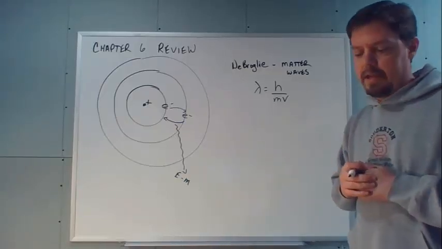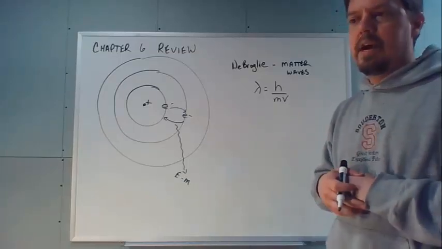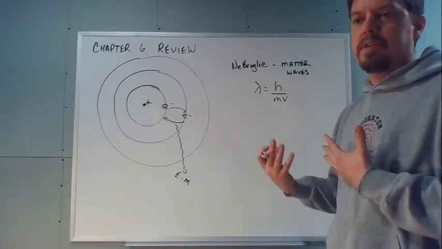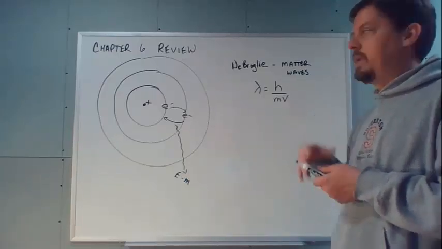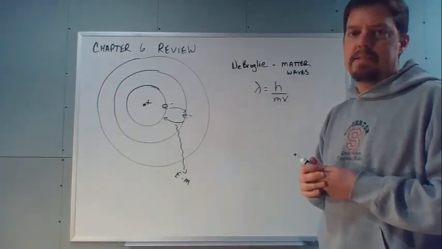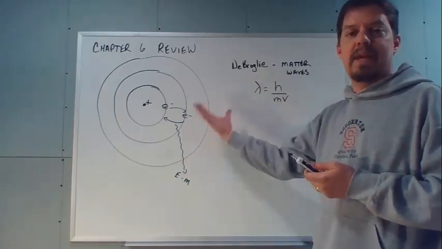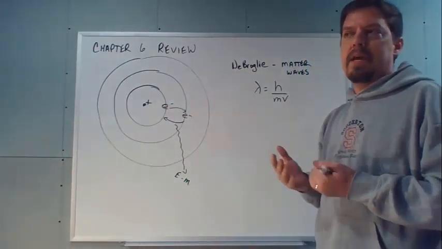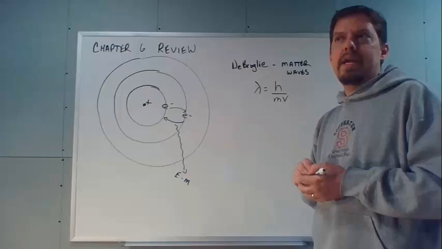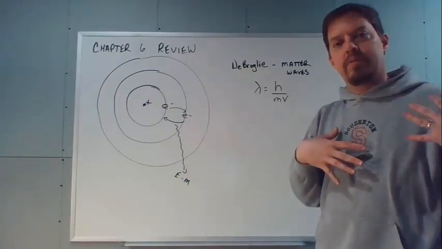So Schrödinger then came after that and started to use the idea of the wave properties, but he also had to incorporate Heisenberg's uncertainty principle, which said that we can't actually observe these things correctly because in order to observe them, you have to hit them with energy. And if we hit them with energy, they're going to move. So what that means is the more we know about where they were, the less we know about what they're doing now.